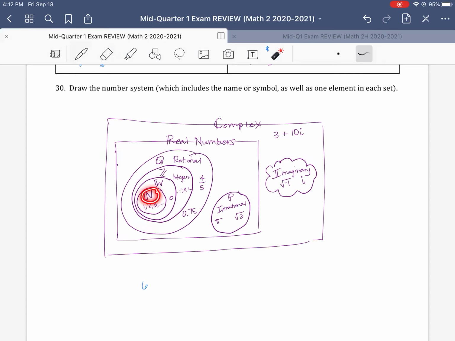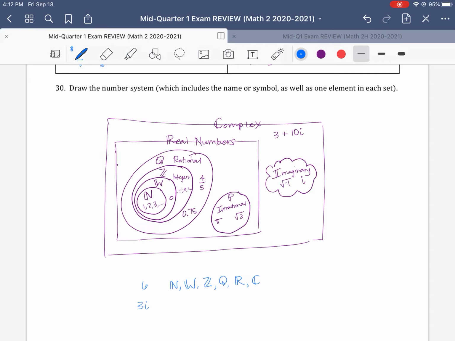So if it belongs to the natural numbers, they're inside the whole numbers, who is inside the integers, who is inside the rational, who's inside the real, which is inside the complex. So we would list each of those. The natural numbers belongs to the whole, belongs to the integers, the rational, and the real, and the complex.